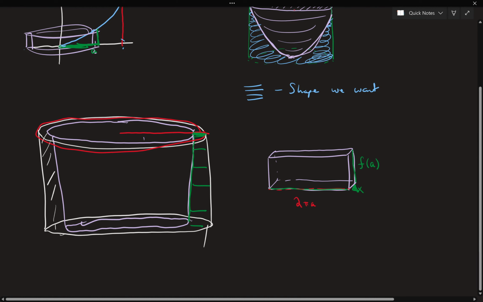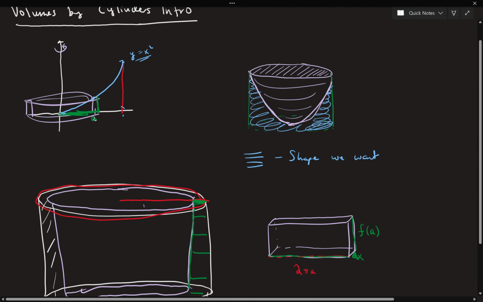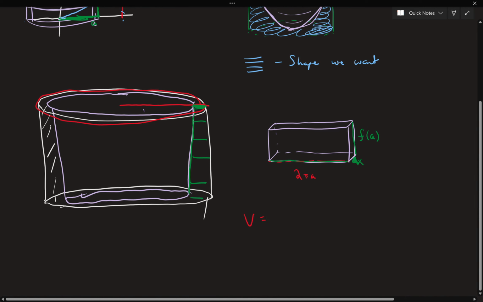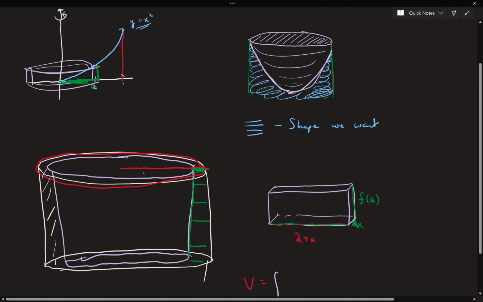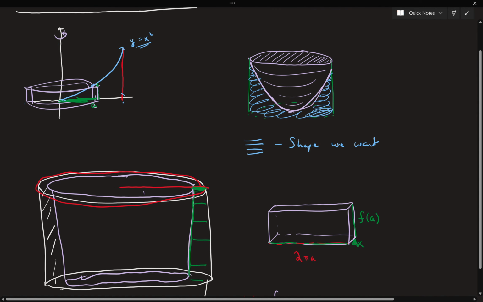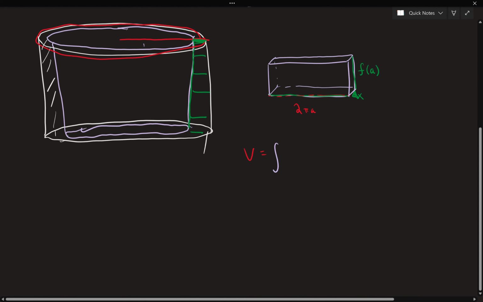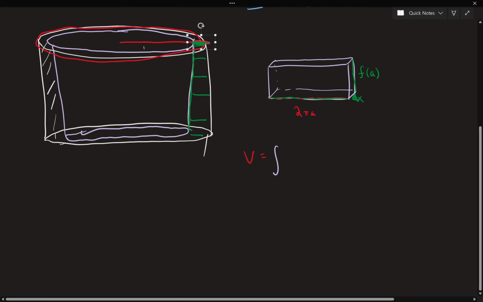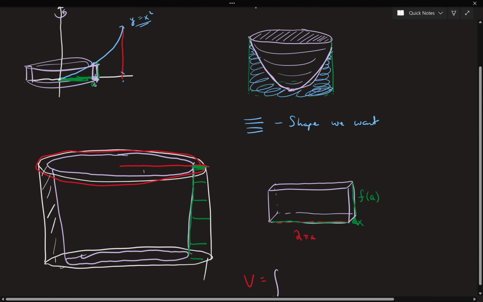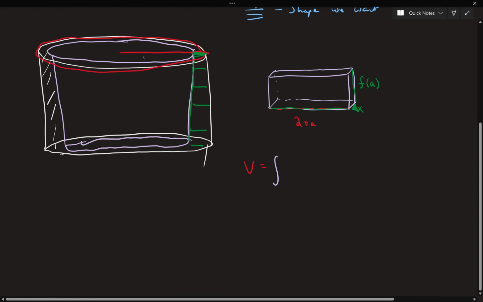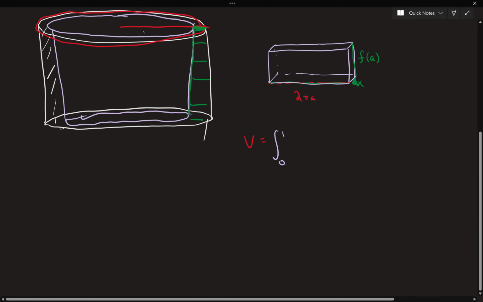So the volume of this entire solid is going to be the integral. I'm adding up all of the possible rectangles. So I'm adding up at every x value. I take the volume of a cylinder centered there. So I'm adding up on the interval. My interval is 0 to 1 here.